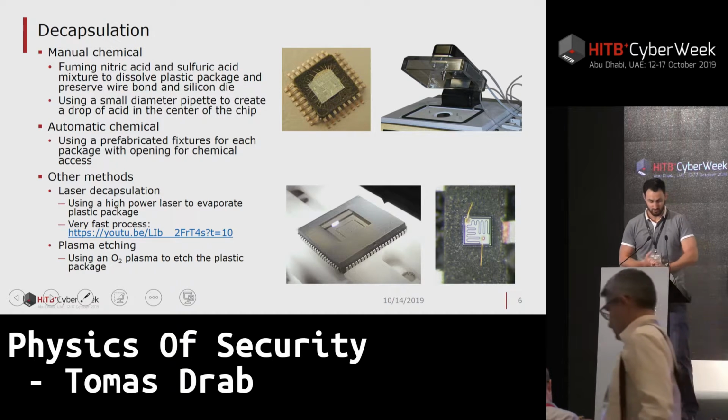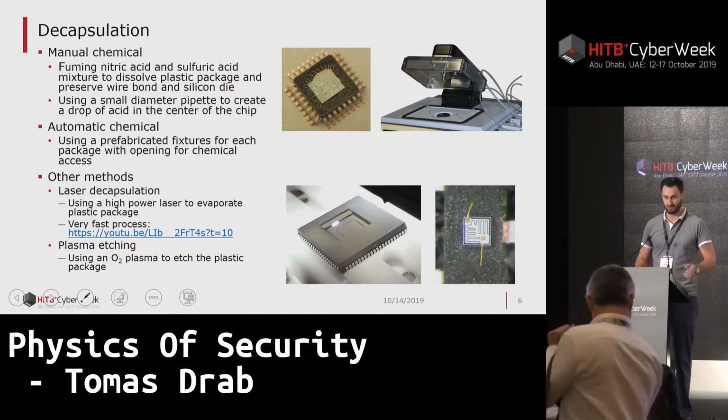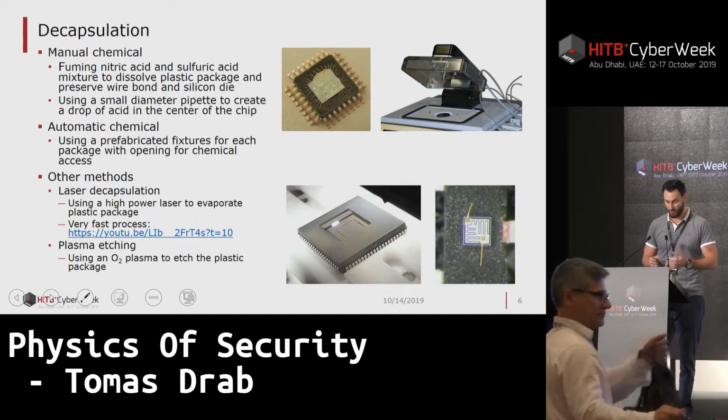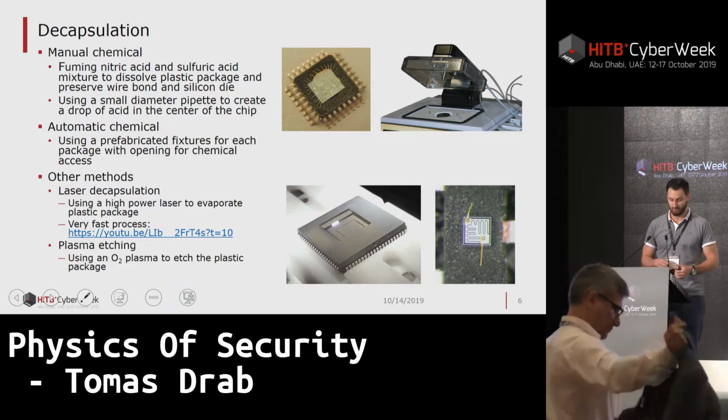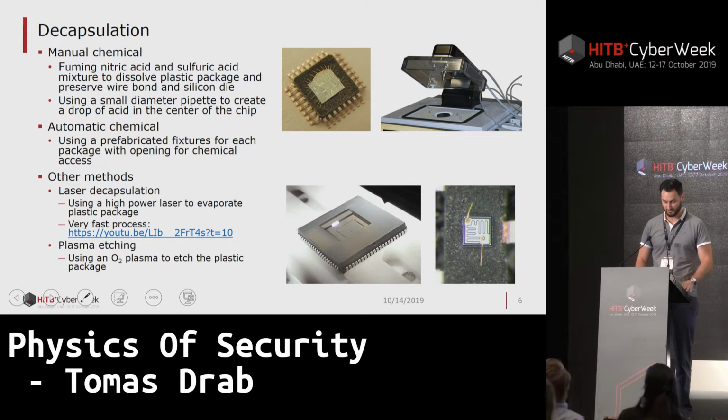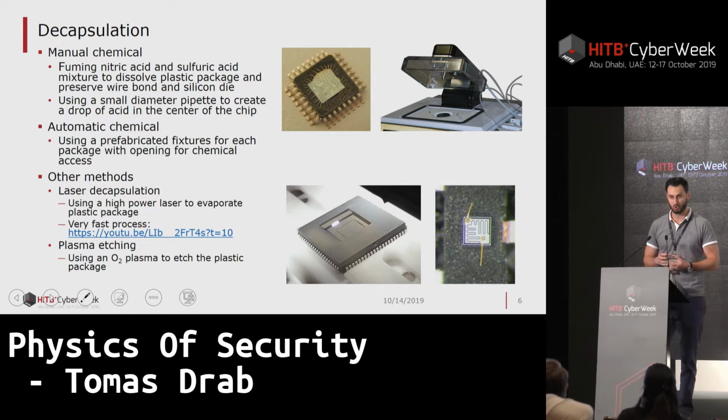Okay, once you know what's inside, we can open the chip. We can go chemically or physically, using really strong chemicals like fuming nitric acid and sulfuric acid. You can etch the mold compound away, and all you have left is the bare die with, if you're lucky, the wire connections.